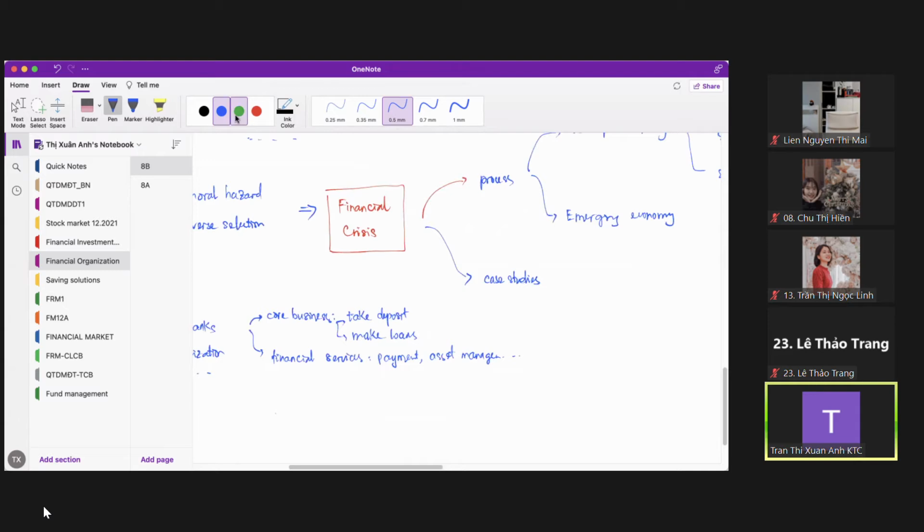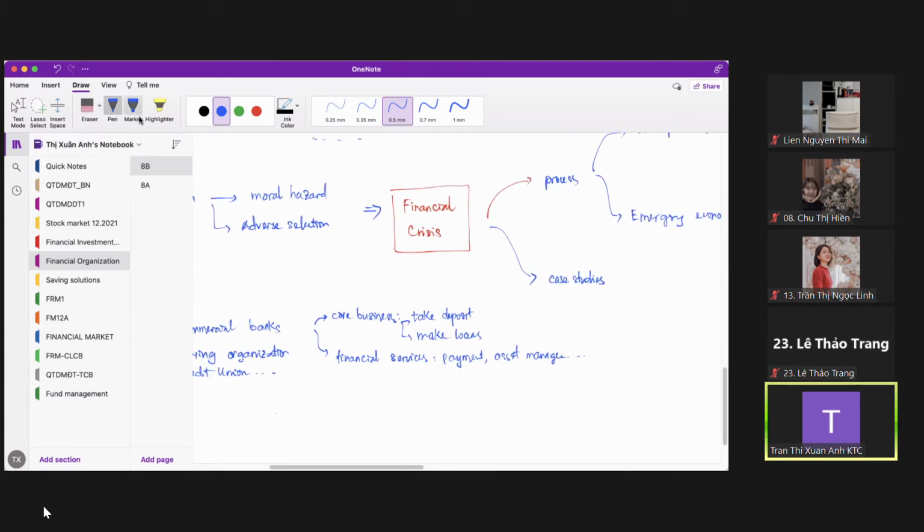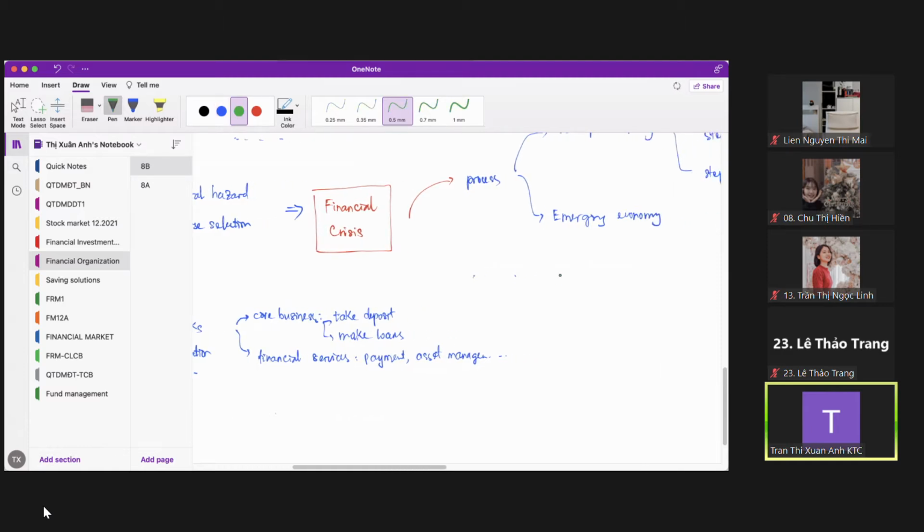Okay, and based on this one, when we mentioned the problems, before we were talking about asymmetric information. We have a second column here referring to asymmetric information.